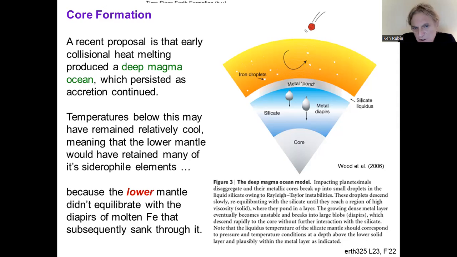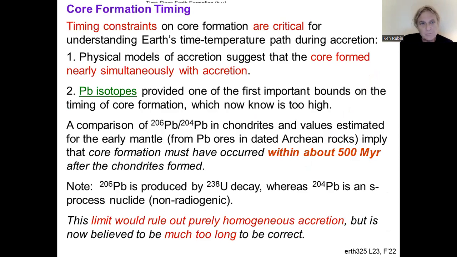And there's other scenarios as well, but this model can be consistent with pretty much all the observations. The question is at what depth into the Earth did the DMO, the deep magma ocean, and the segregated metal start to form? Was it very deep or was it very shallow? I tend to believe it was relatively shallow.